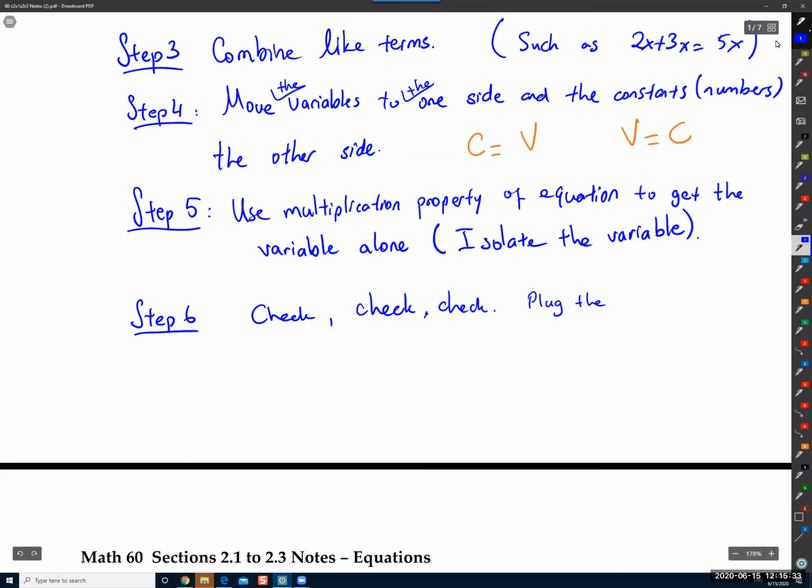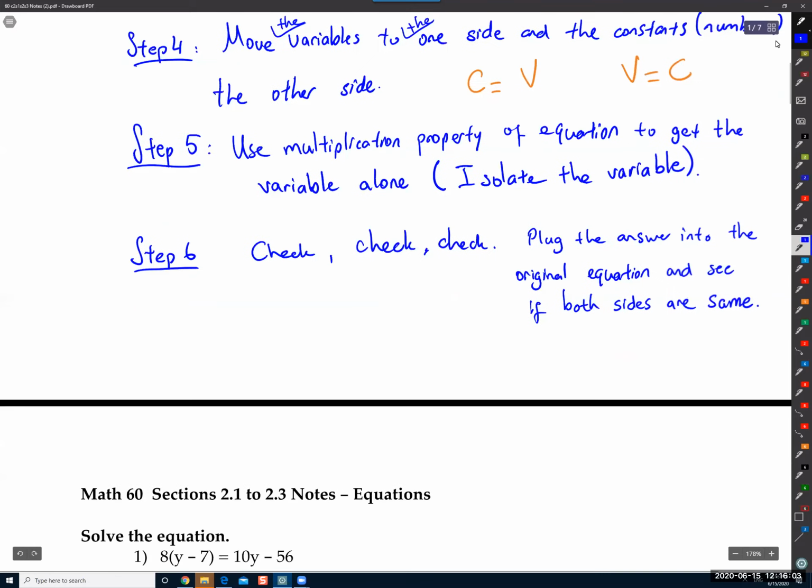Plug the answer into the original equation and see if both sides are the same. Good? Yeah.